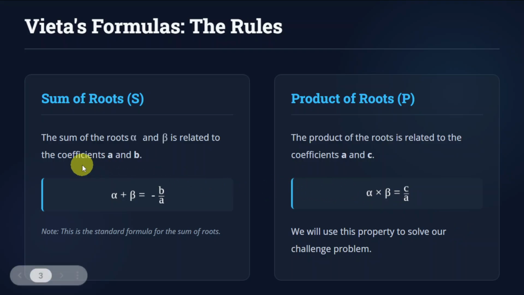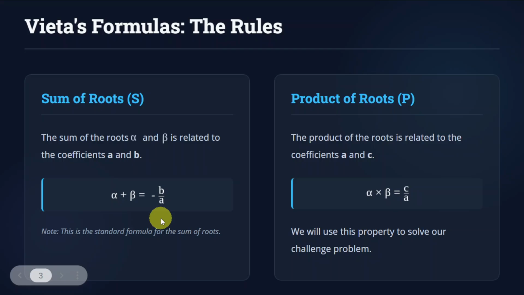The other thing is the sum and product of the roots of a quadratic equation. If let's say the roots of the quadratic equation are alpha and beta, then the sum of the roots is given by minus b over a.